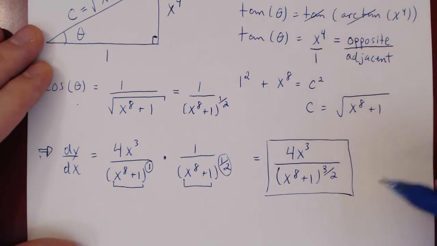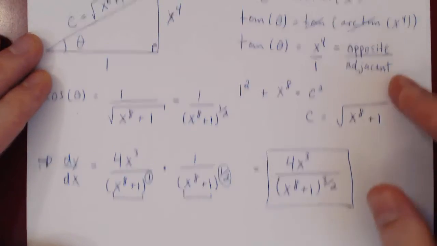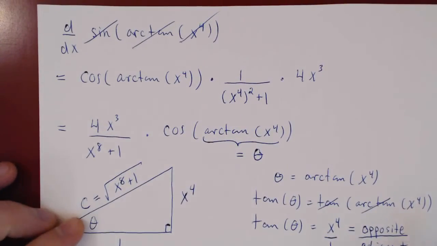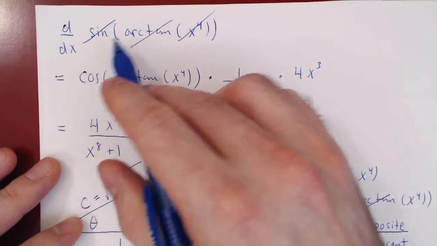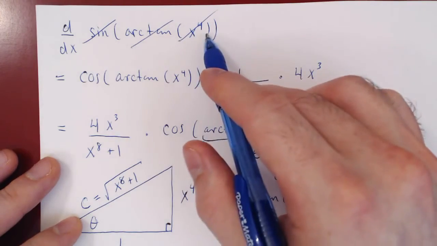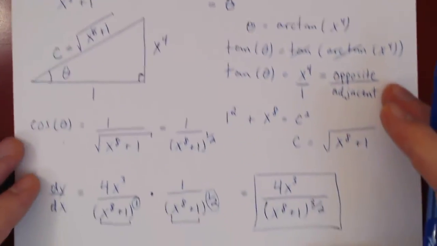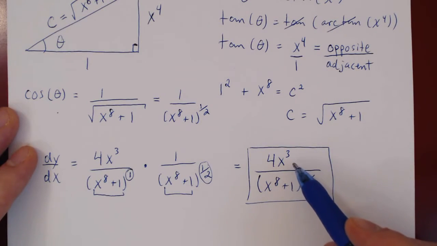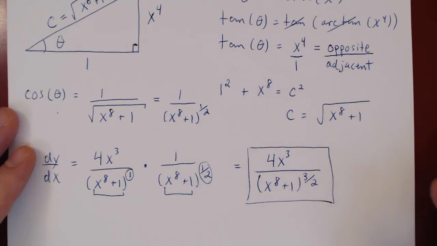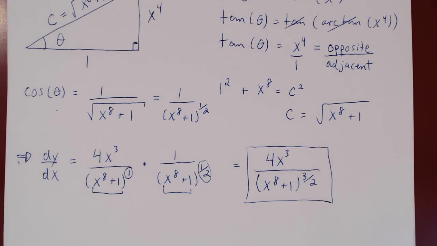And you can appreciate the simplicity of the answer given the original function. The function was originally sine of arctangent of x to the 4. So we have a trig function of an inverse trig function, and somehow the derivative does not contain any trig or inverse trig function. And this is not a coincidence. It will always happen.